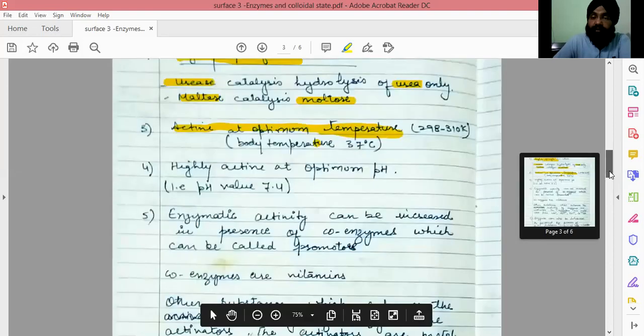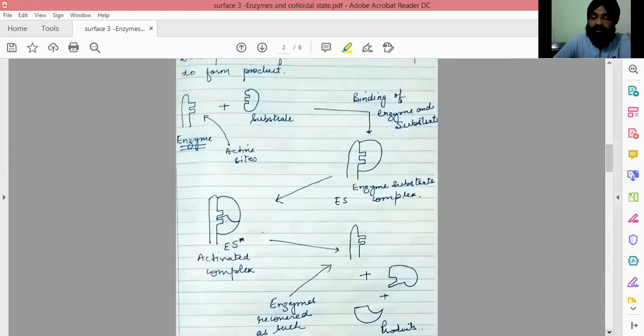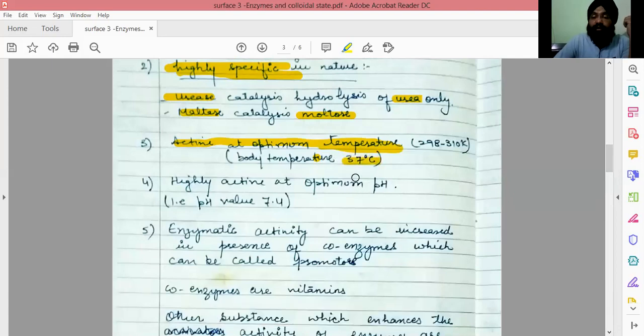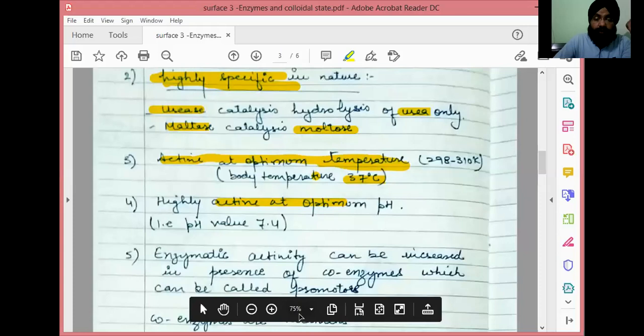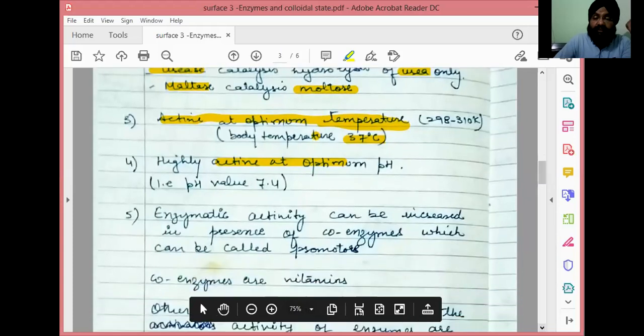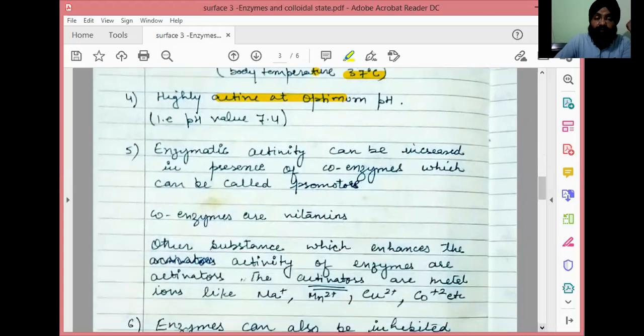So they work with more efficiency at body temperature, which is 37 degrees Celsius. They work at optimum pH value also. The pH value in our body is 7.4. They work more efficiently at pH 7.4.